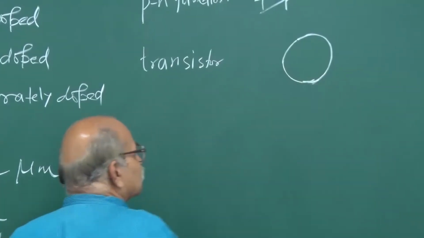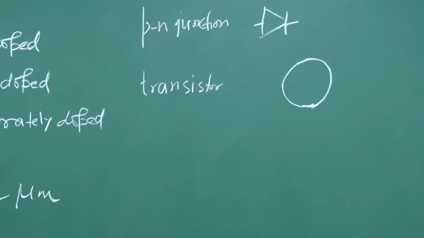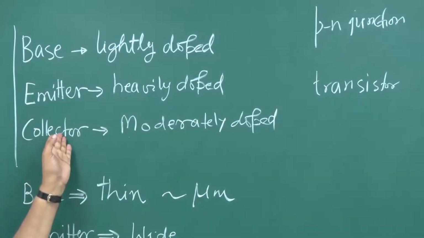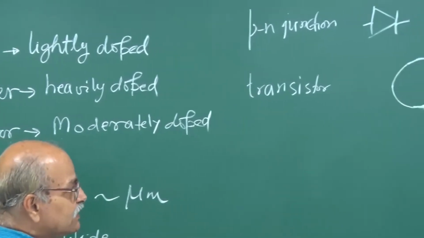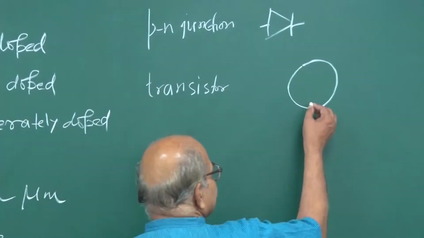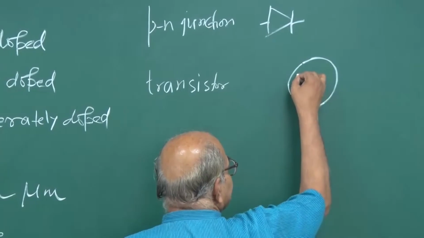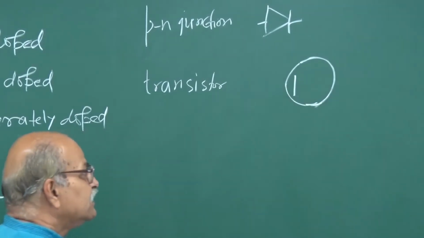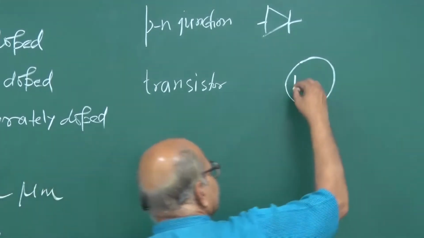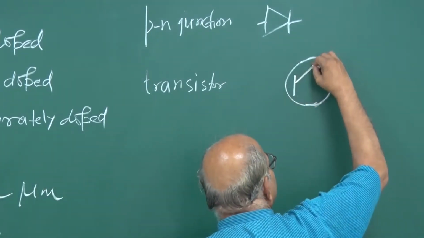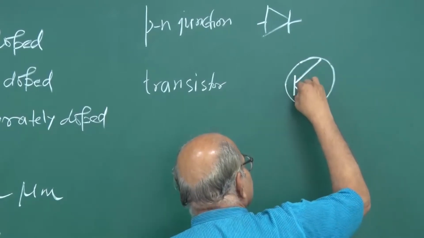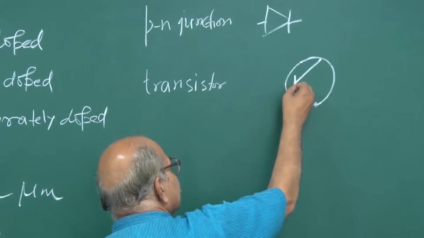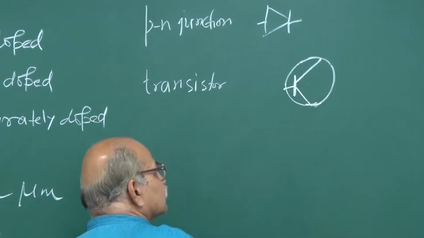Then 3 lines for the 3 parts: base, emitter and collector. Let me draw the baseline, so this line is the base, and then 2 slanted lines, one like this, another like this. This is the symbol of the transistor.